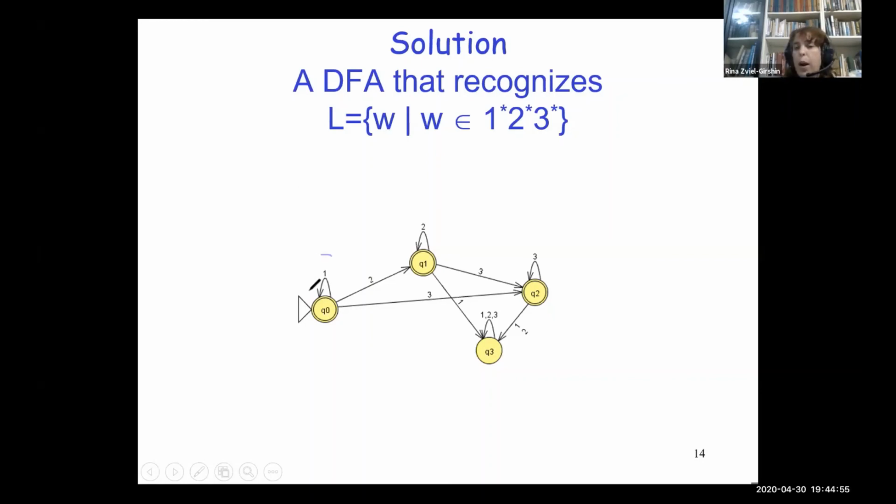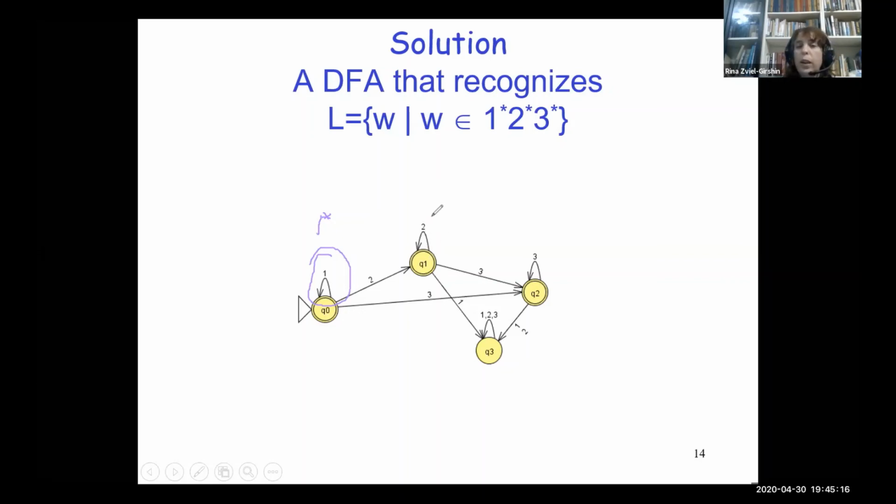Until I have ones, I stay in Q0, so here we have 1 to the power of star. When I get 2, I started to accept the loop of twos, and I move to state Q1, and here I stay with each 2. So now I have 1 star and 2 star.